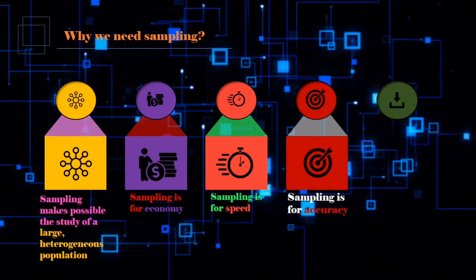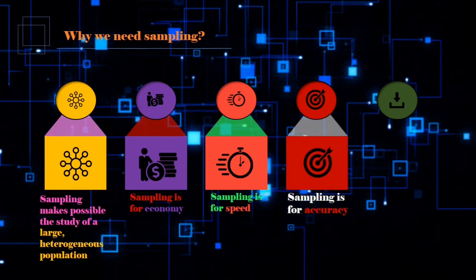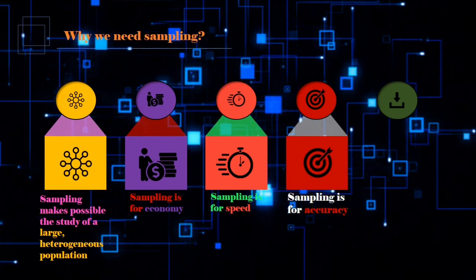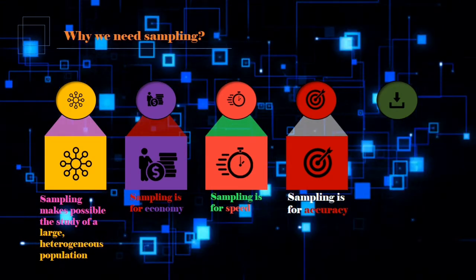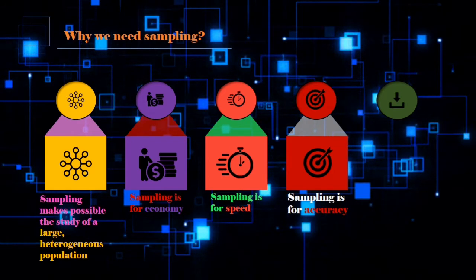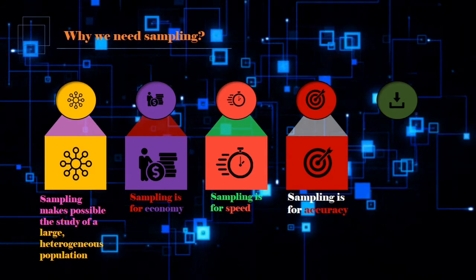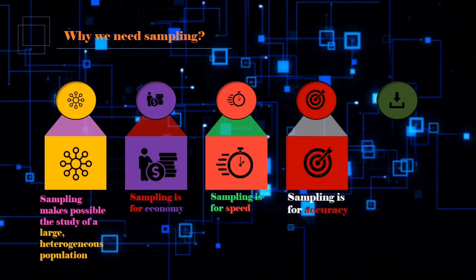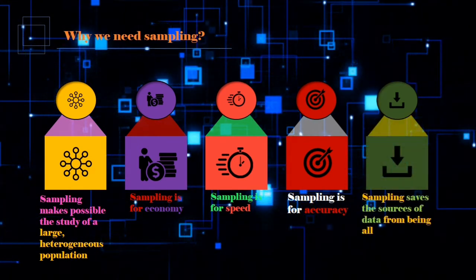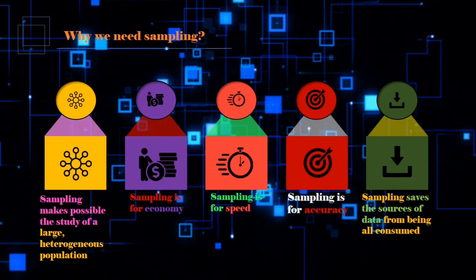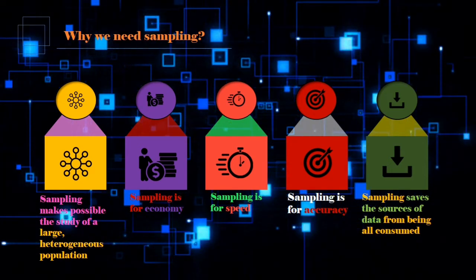Sampling is also for accuracy. By the use of sampling, we can be sure that the data that we have is more accurate than when we use the population. And of course, sampling saves the sources of data from being all consumed.